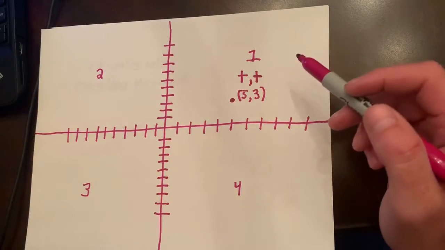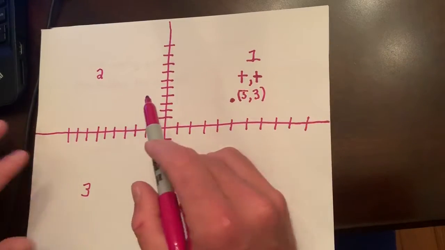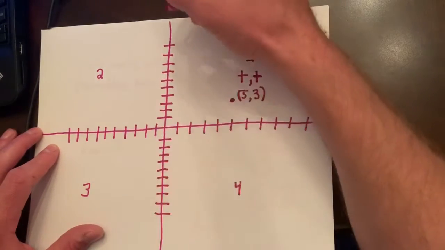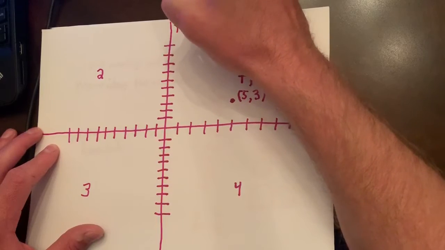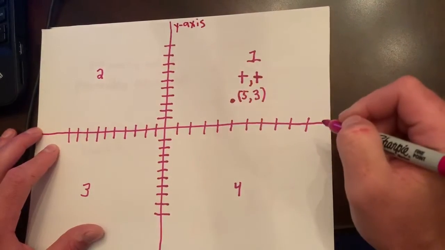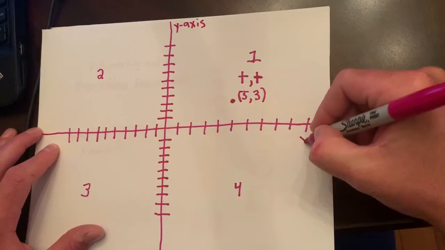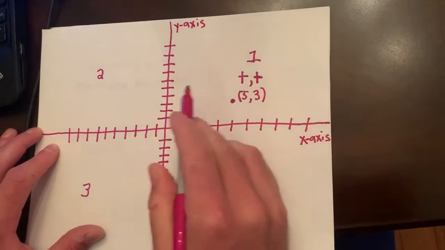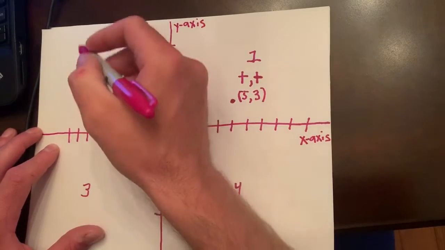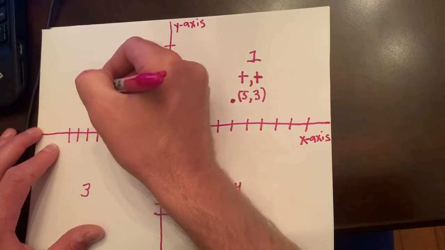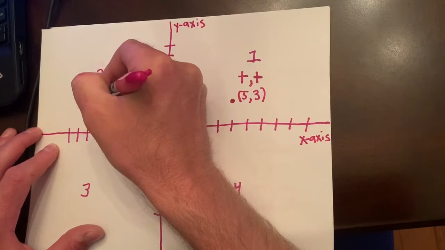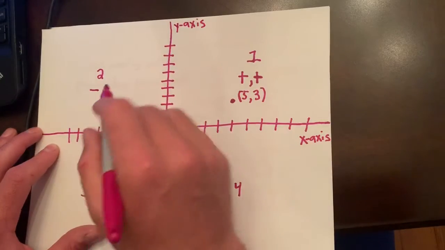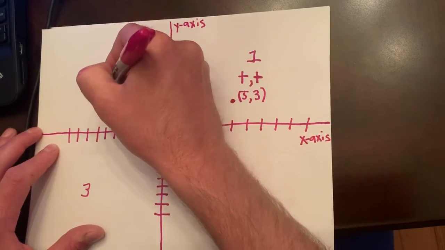Now, if I come over here to quadrant 2, if I go to the left of my y-axis, so remember this is the y-axis, okay? And then this is the x-axis. So if I go to the left of the y-axis, I'm going to have a negative x-coordinate, but then I'm above the x-axis, so that will be a positive y-coordinate.